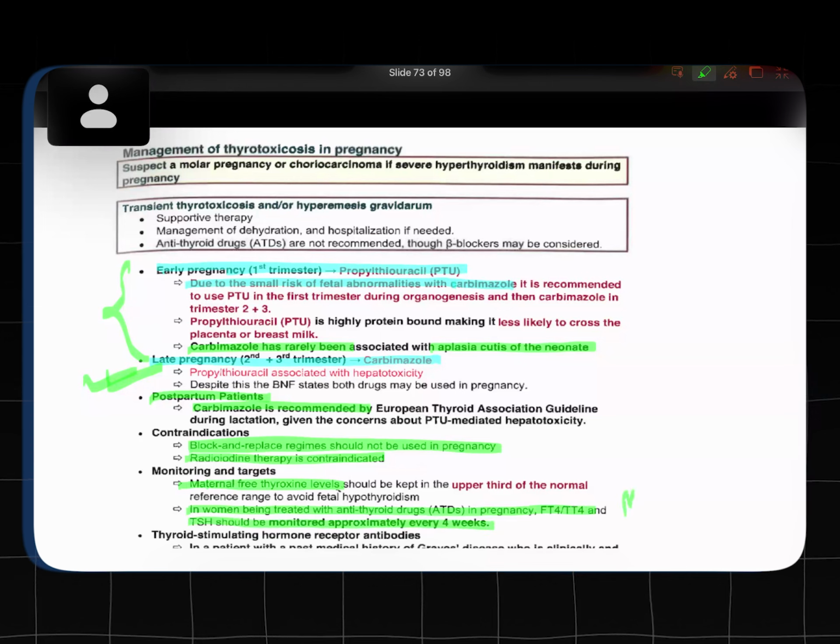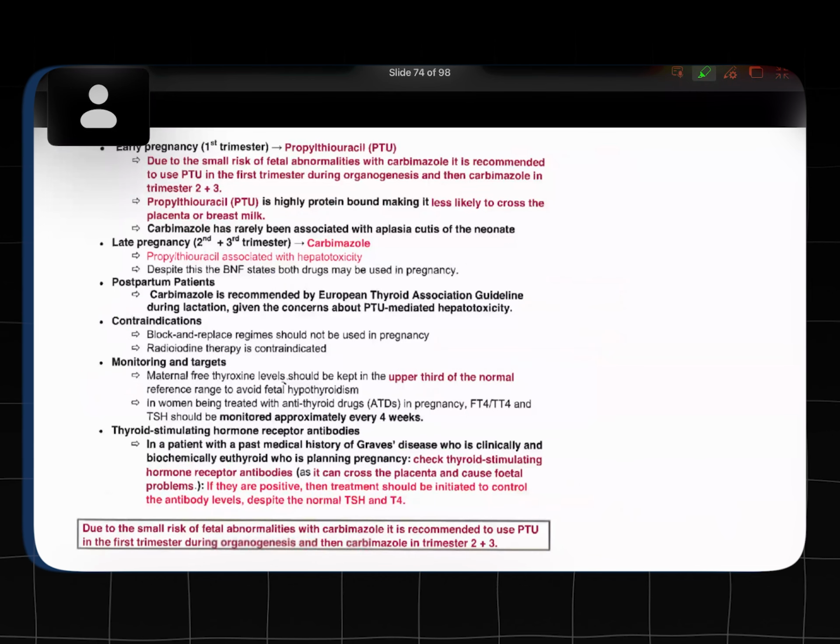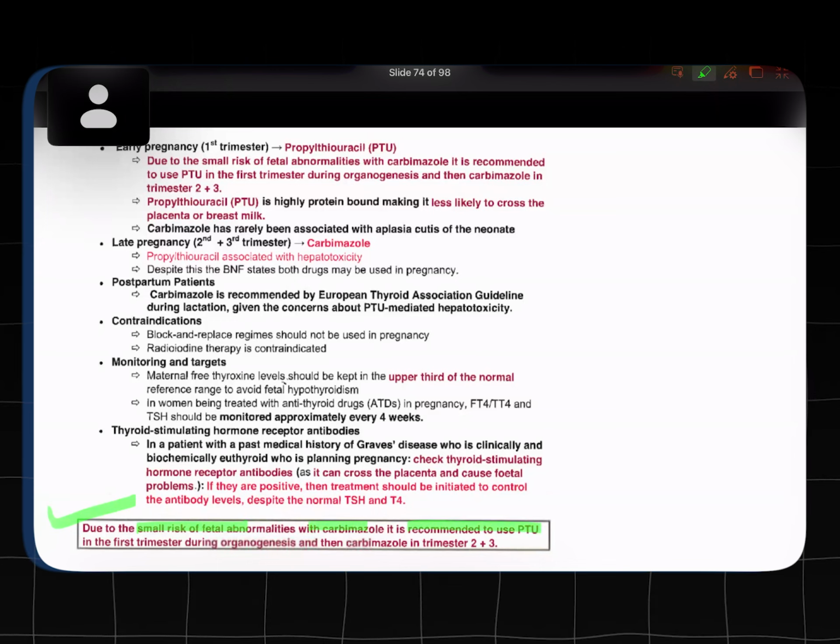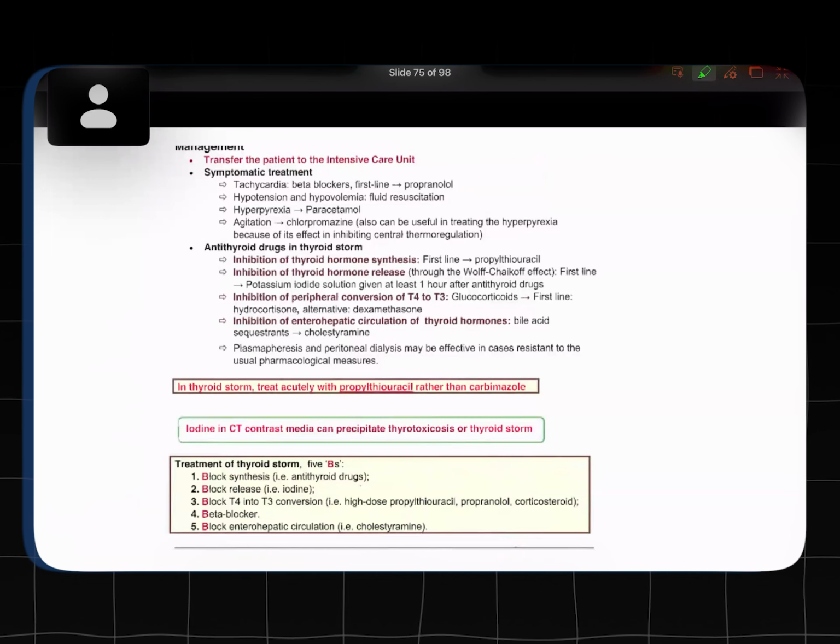So monthly. Again, I have highlighted small risk of fetal abnormality, propylthiouracil recommended in first trimester, carbimazole in trimesters second and third. Propylthiouracil can cause hepatotoxicity, P450 mediated hepatotoxicity.